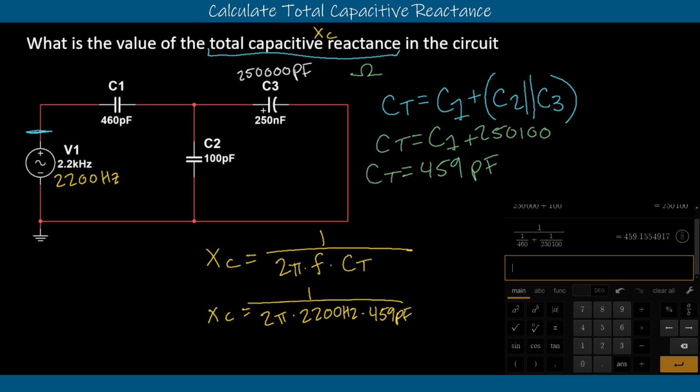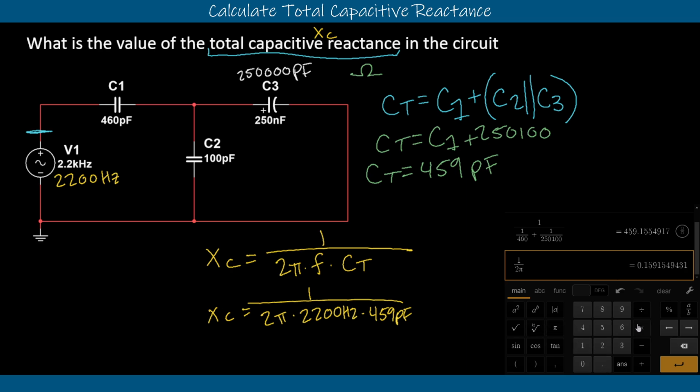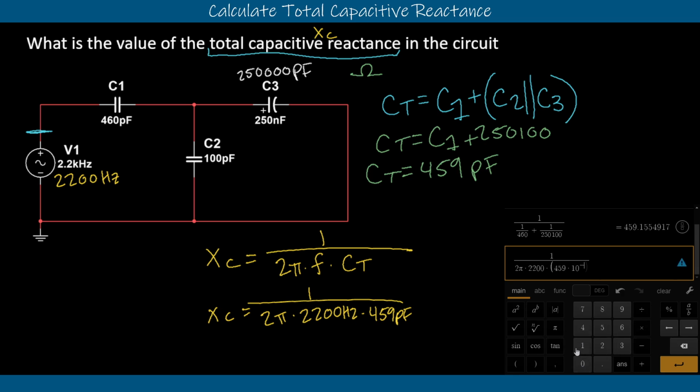We'll say that we have 1 over 2 pi multiplied by our frequency of 2,200 multiplied by our small little capacitor value here, so it's going to be 459 times 10 to the negative 12. That gets us in pico there.